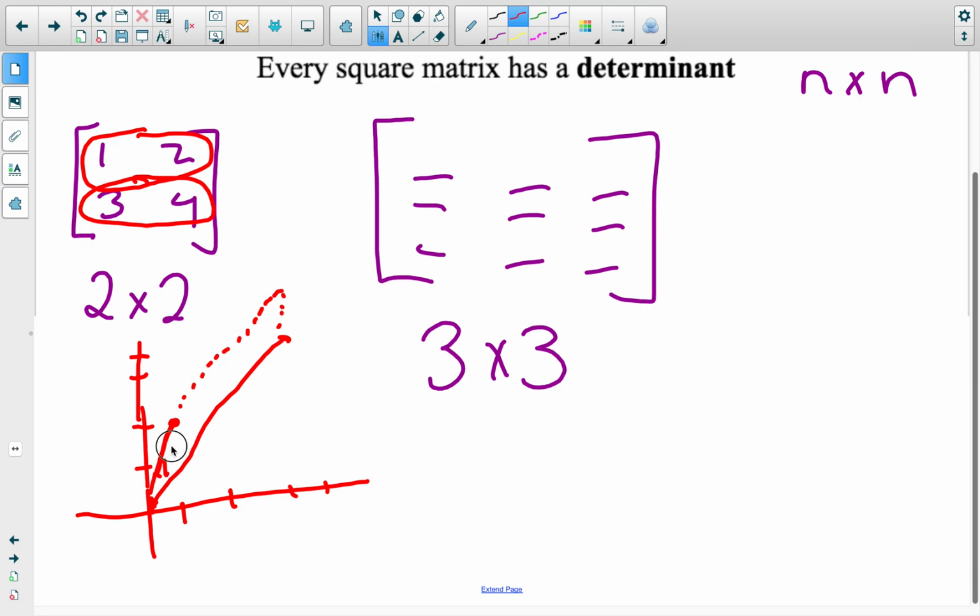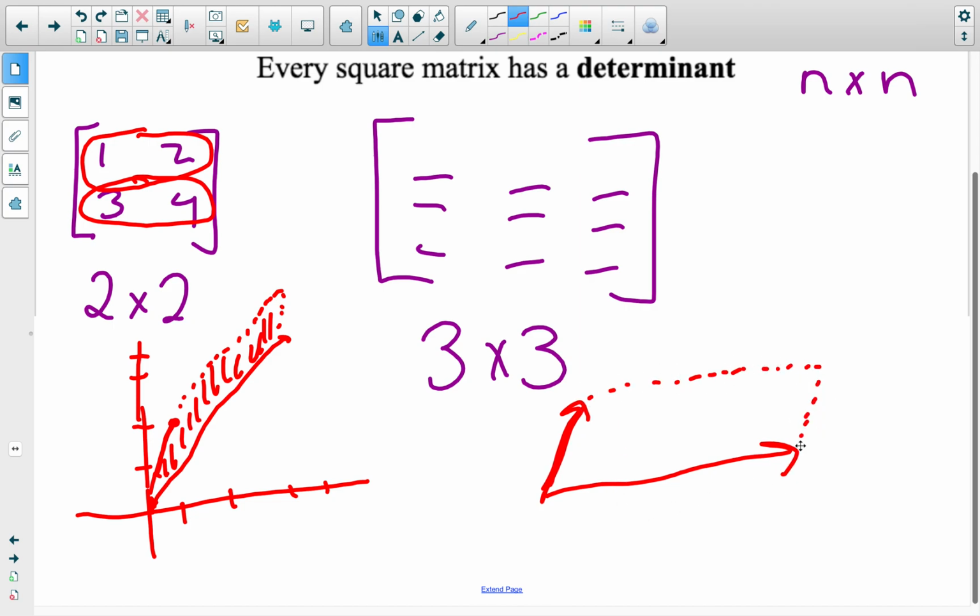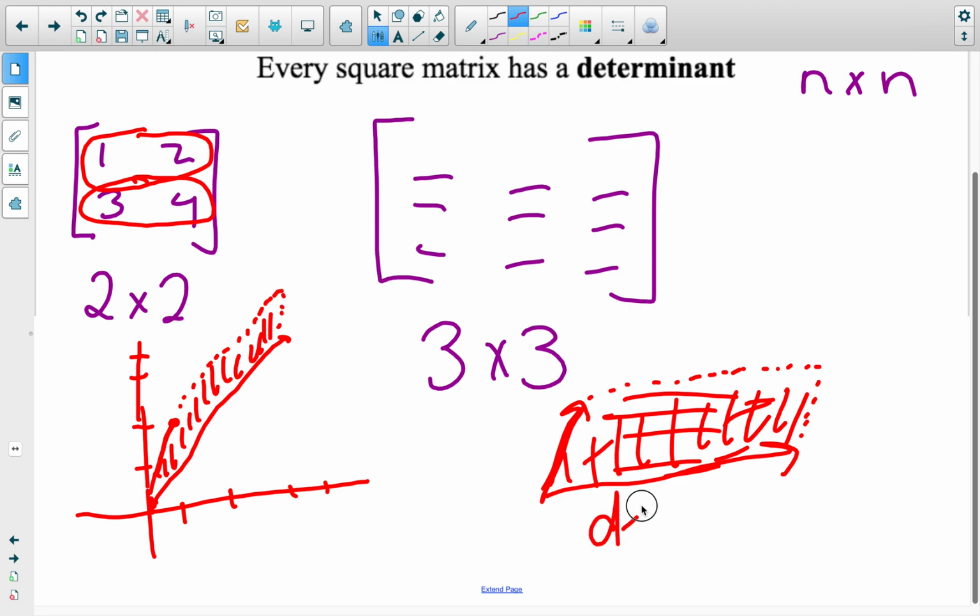What the determinant is going to tell us is the area of that parallelogram. So overall, if we have a ray like this and a ray like this in the plane, we could close that in, create a parallelogram, and then find the area spanned by that parallelogram, and that's what our determinant tells us geometrically.